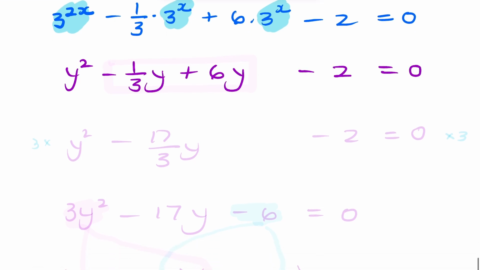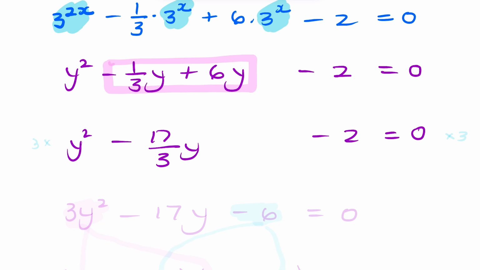So that looks much more like a quadratic equation. So I can now combine these like terms in terms of y, and the negative 1 over 3 plus 6 gives you 17 over 3. So it's y squared minus 17 over 3y minus 2 equals 0.